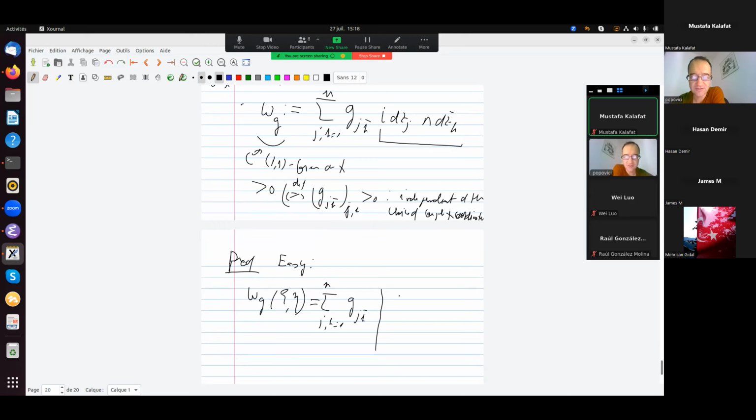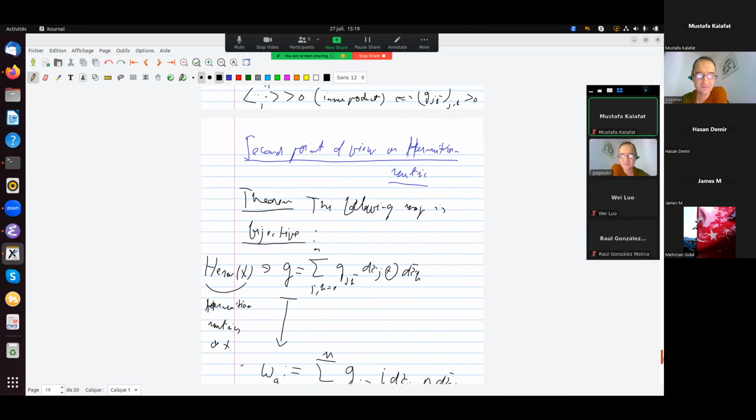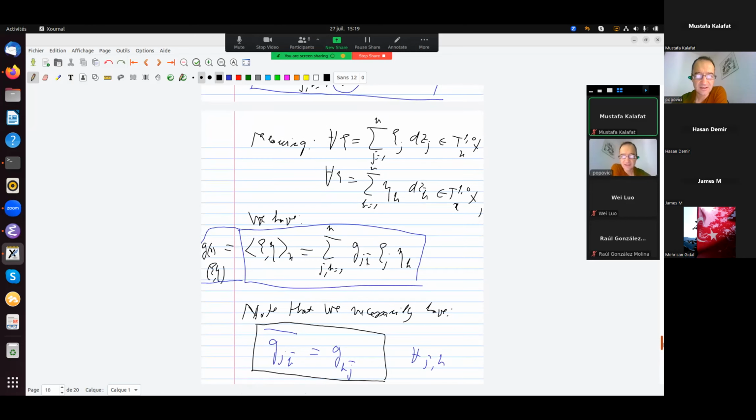When dz_j applies to xi, you get xi_j. When dz_j applies to eta, you get eta_j. And now for dz bar k, when you apply it to xi, you get xi_k, and then the conjugate, because it's dz bar k. And when you apply dz bar k to eta, you get eta_k with a conjugate. So this one is not just xi_j eta bar k as we had before.